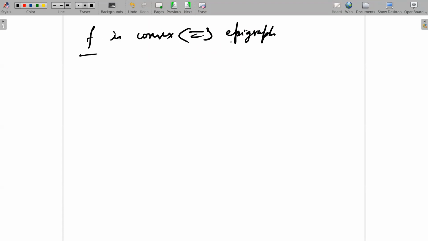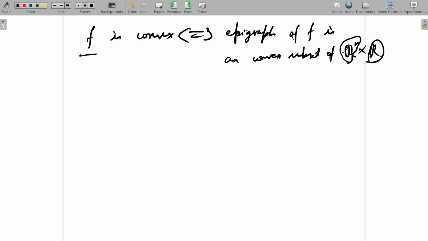The answer is yes. f is convex if and only if the epigraph of f is a convex subset of Rn plus 1, or I prefer to write it as Rn plus R, to show that this is my domain and this is the place where the values of f are.